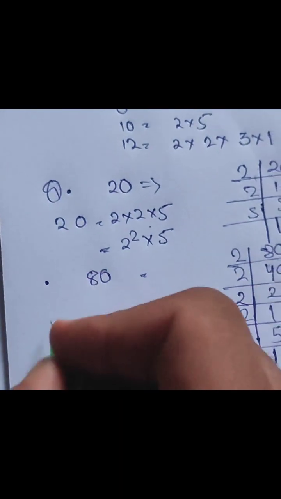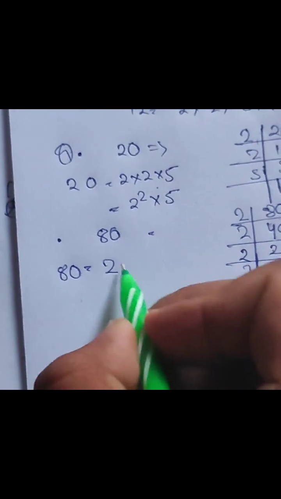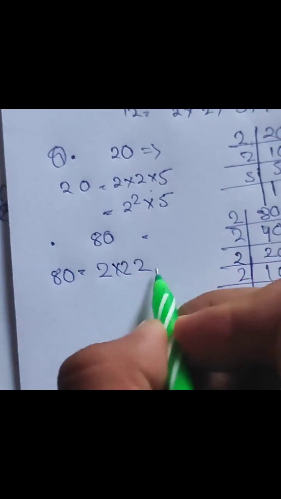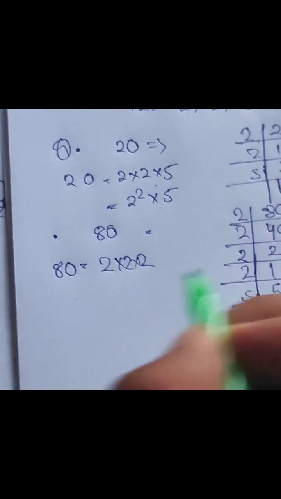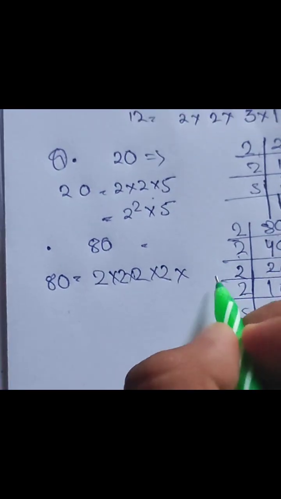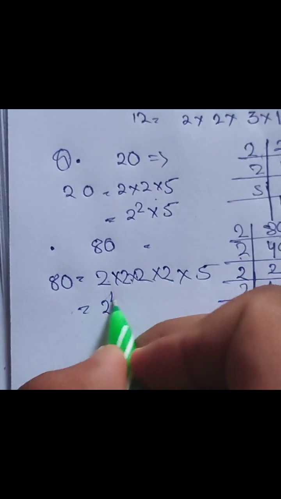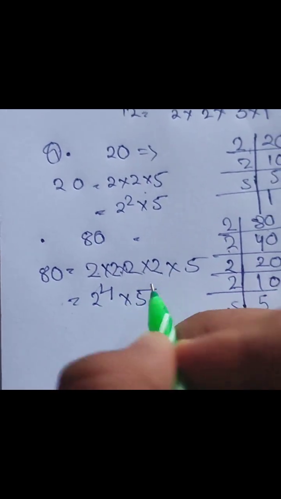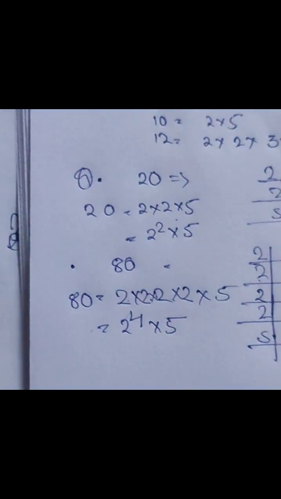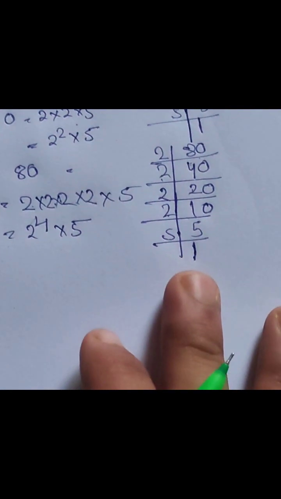So now our 80 becomes 2 into 2 into 2 into 2 into 5, that is 4 times 2 and 5. So we can say 2 to the power 4 into 5. We completed 2-digit numbers. Now let's move to the next, 3-digit numbers.